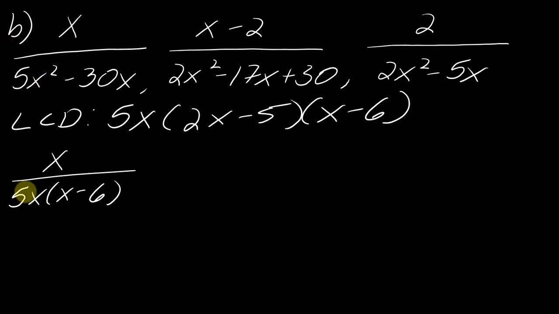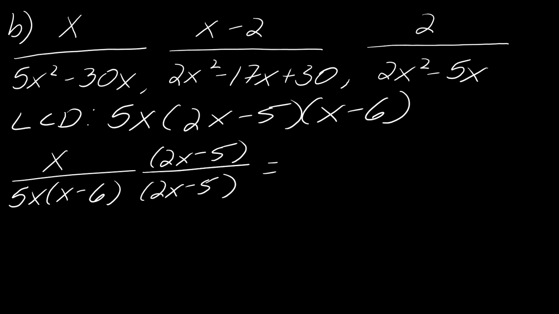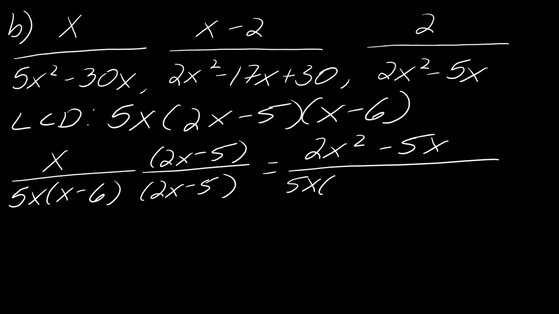Okay, so for the first fraction, I've got 5x and the x minus 6, so I need to multiply by the 2x minus 5. So 2x minus 5. This is going to become 2x squared minus 5x on top. And then 5x, x minus 6, 2x minus 5 on the bottom.